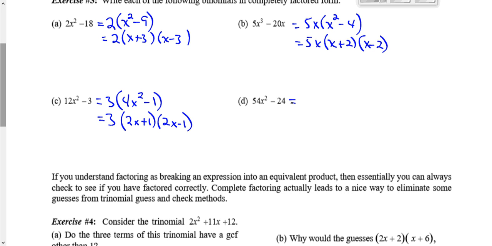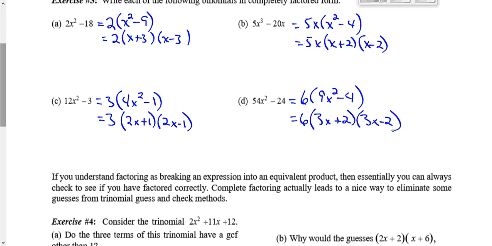Yeah, 9 doesn't go into 24, right? So 6, yeah? All right, what's that leave us? 9x squared. Is that a perfect square? What's the square root of 9x squared? 3x. Minus, is that a perfect square? Yeah. What's the square root of 4? 2. So how's this factor? 6 times what? Plus 2 times a plus b times a minus b.